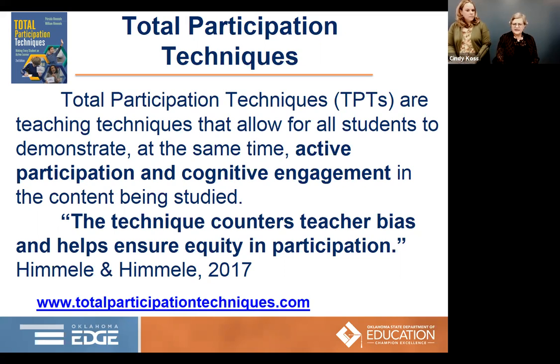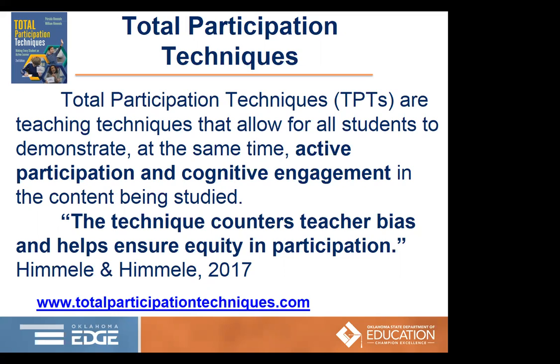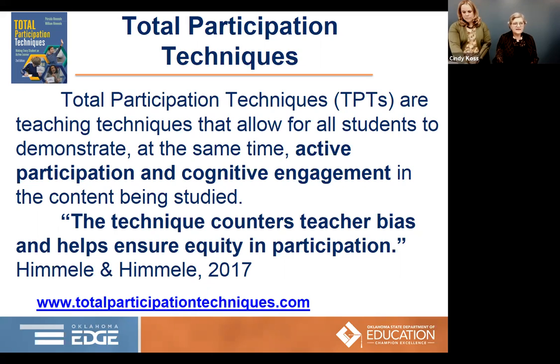And part of that is because it provides a way for your reluctant learners, for those who maybe are not willing to speak right away because they're unsure of what they're going to say or how that's going to be perceived by the others in the classroom. So these active participation and cognitive engagement tools really are techniques that counter teacher bias and help ensure equity and participation for all of your students.